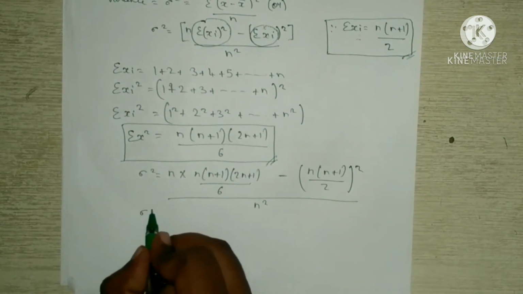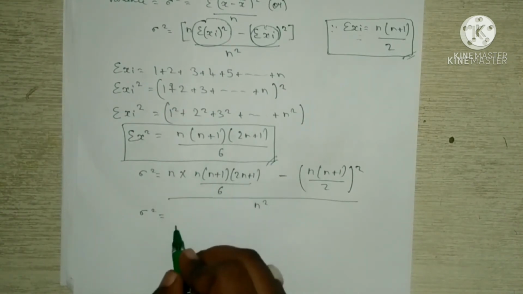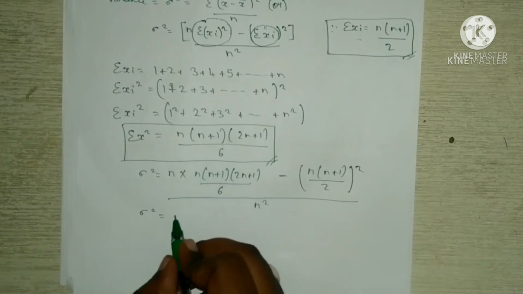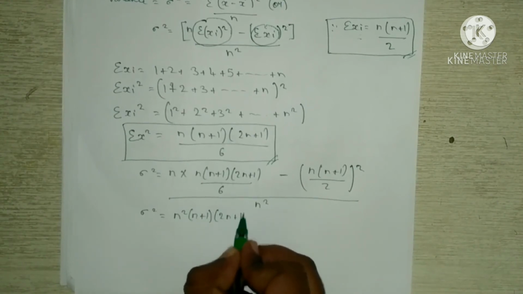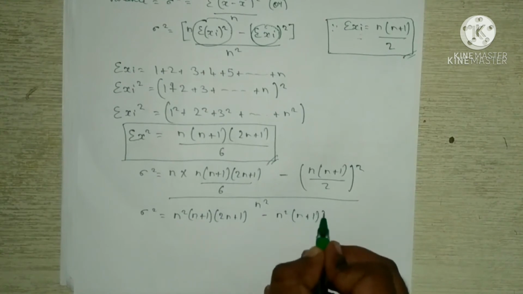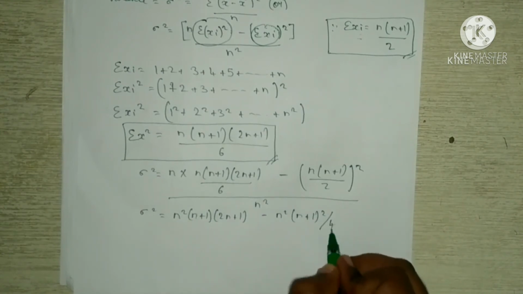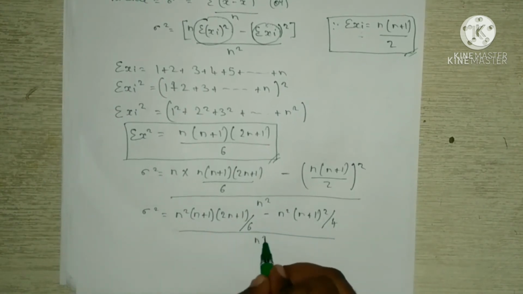Sigma square is equal to, taking common, n square n plus 1 into 2n plus 1 minus n square into n plus 1 whole square divided by 4, divided by 6, whole divided by n square.